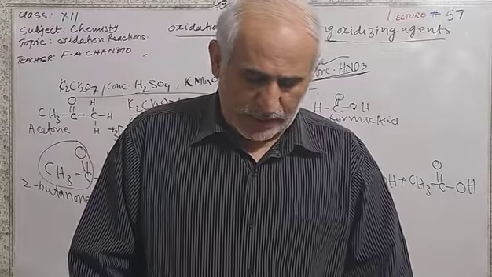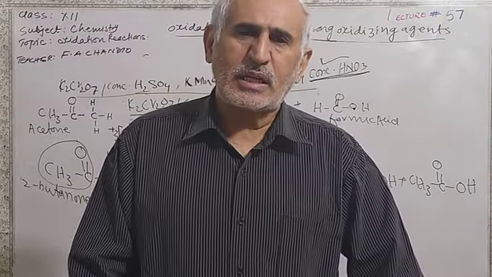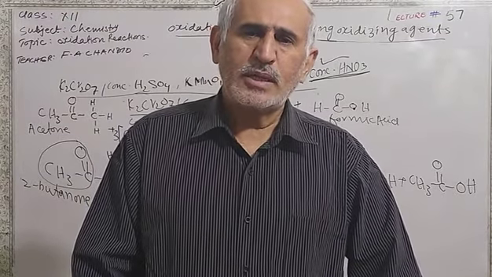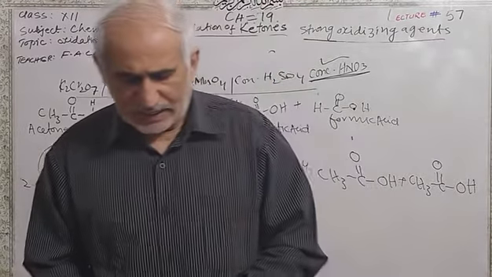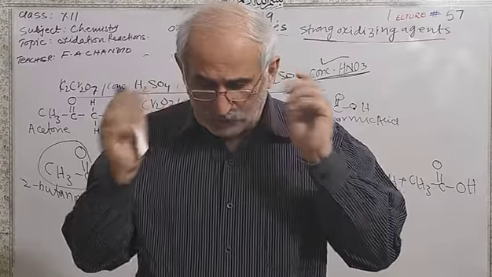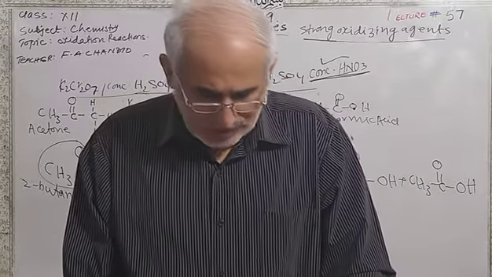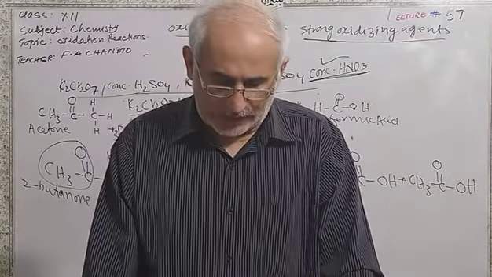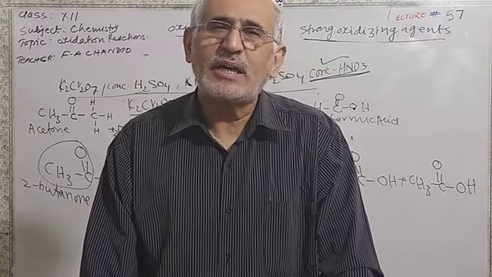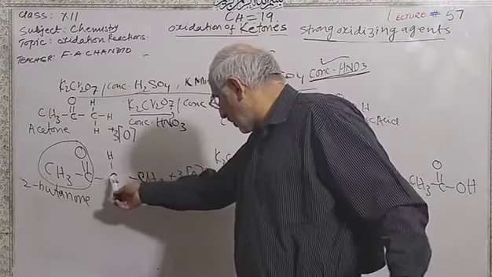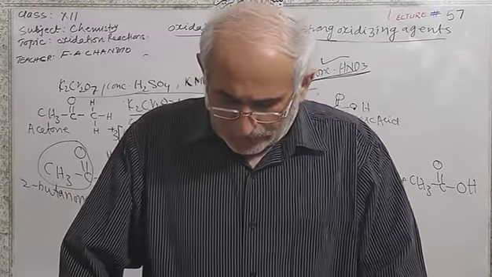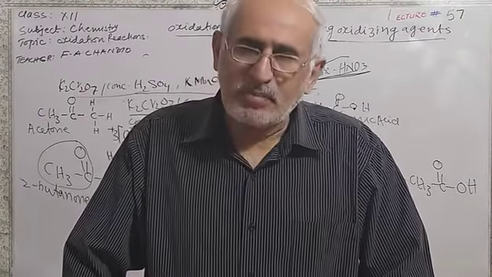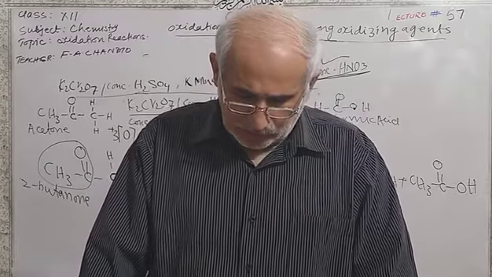In the case of unsymmetrical ketones, means 2-butanone, the condition is that the carbon atom joined to the smaller number of hydrogen atoms is preferentially oxidized. This is going to be oxidized, and the carbonyl group remains with the smaller alkyl group.